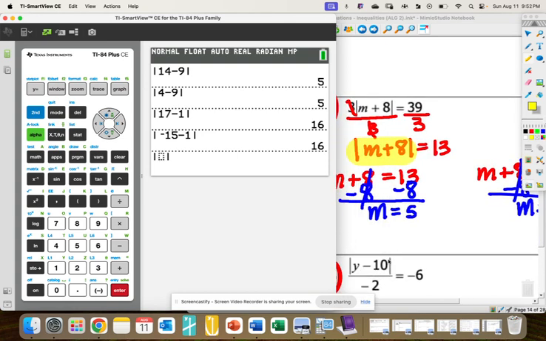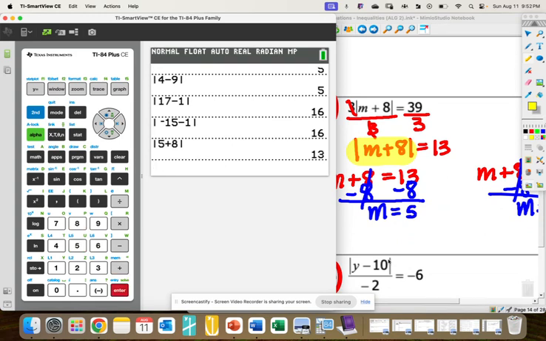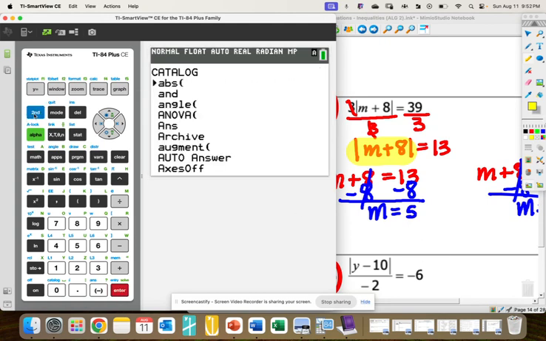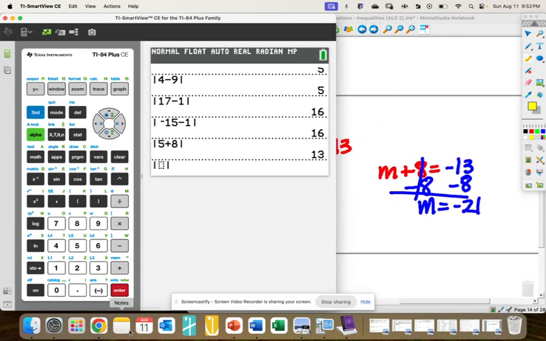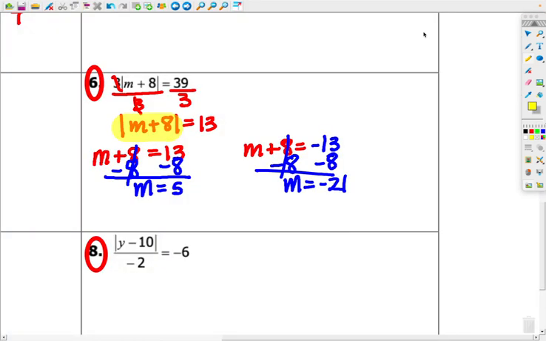Let's do 5 first. 5 plus 8 gives me 13, as I hoped it would. And let's do the other one. It was negative 21. Both of them work.